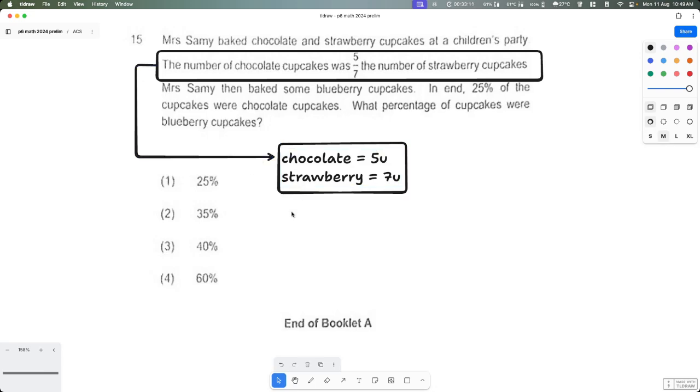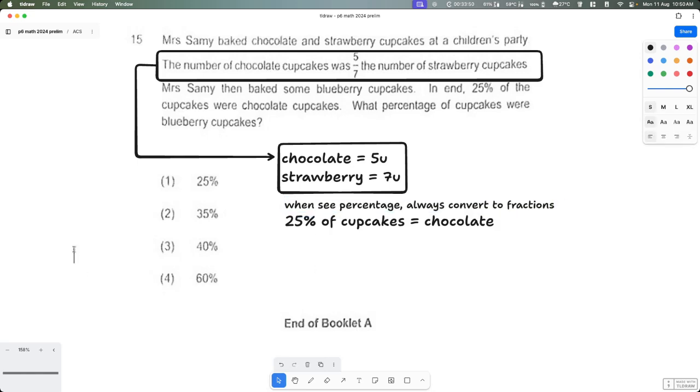Now the next thing is we don't know what's a blueberry, but we know that 25% is equal to chocolate cupcakes. 25% of cupcakes. A little note I'm going to write here: when you see percentage, always convert to fractions.